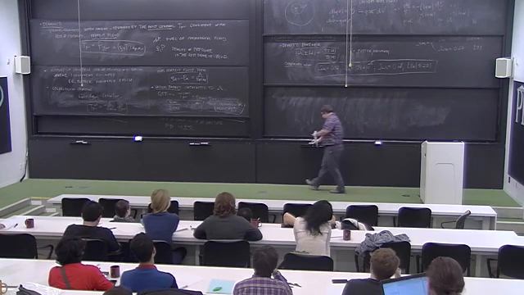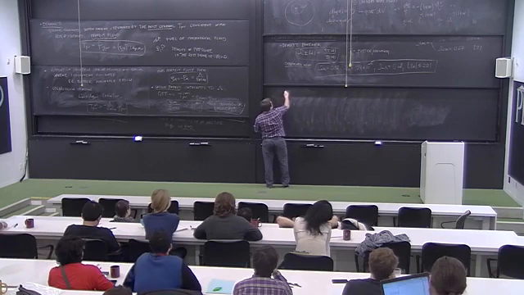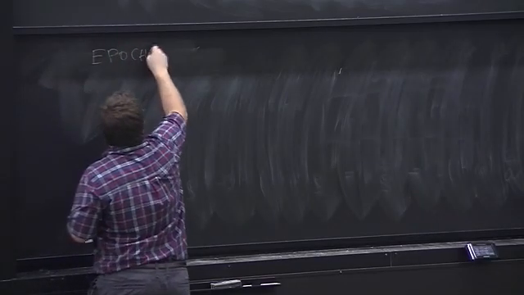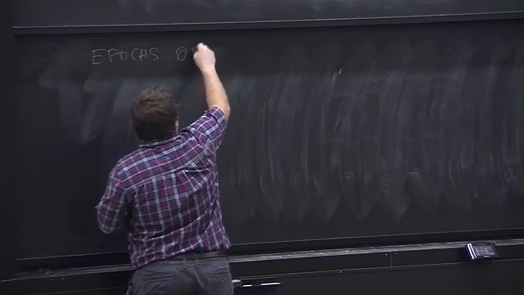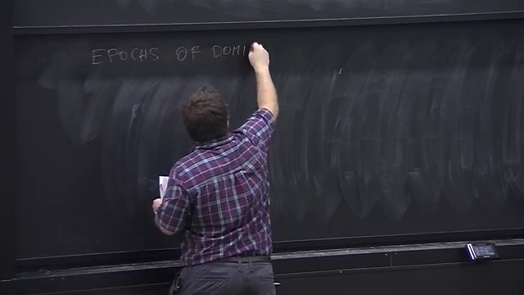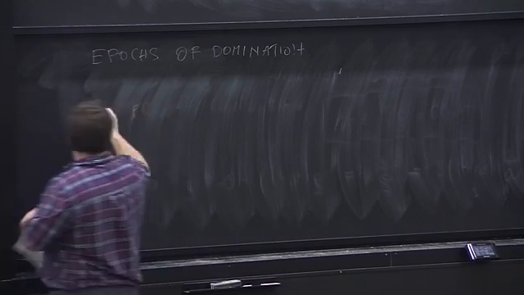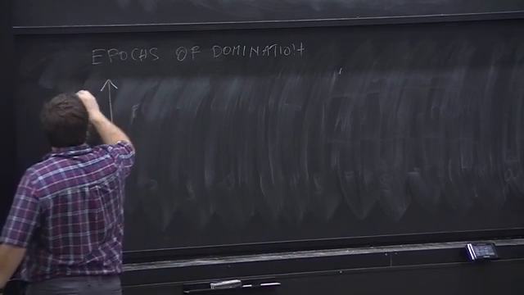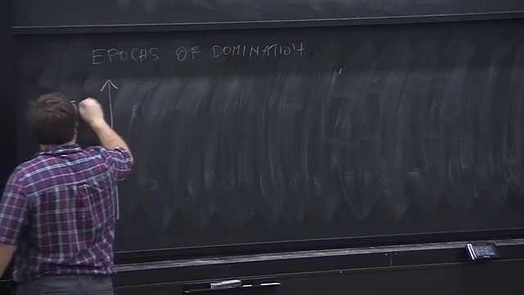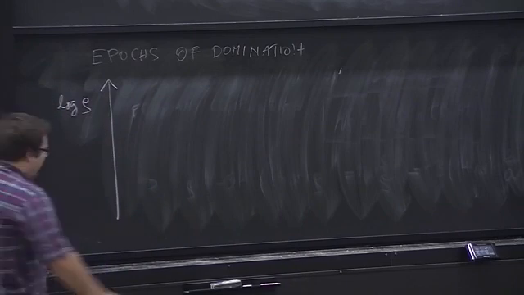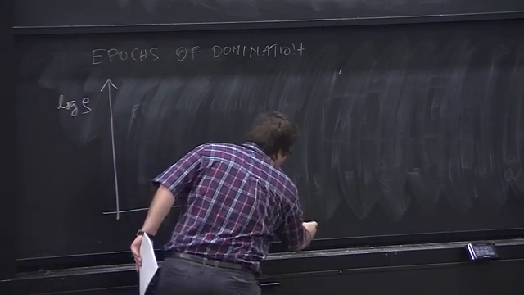So you have various epochs of domination. I'll be plotting the logarithm of rho in some units against the logarithm of a in some units.